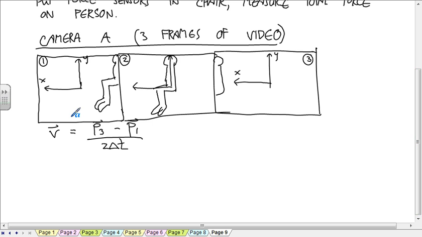You could do that. You could do that for every frame and then do it again to approximate the acceleration, and you'd get the velocity at frame 3 minus the velocity at frame 1 divided by 2 times the elapsed time between frames.